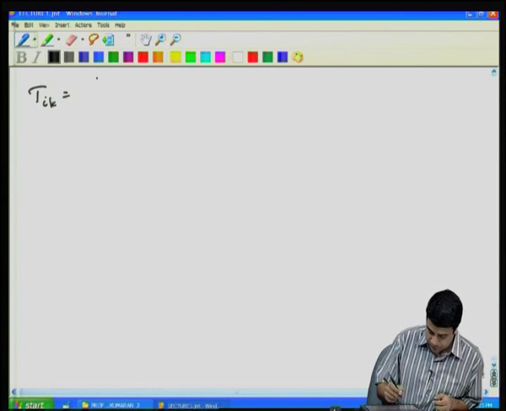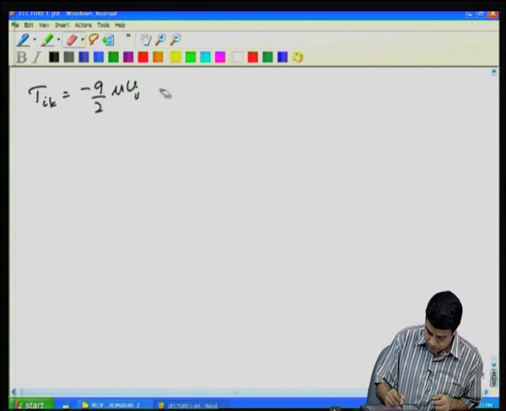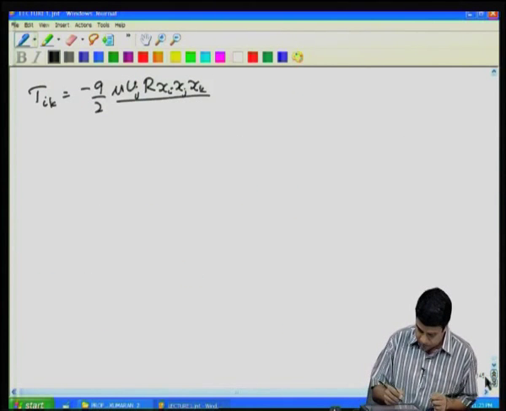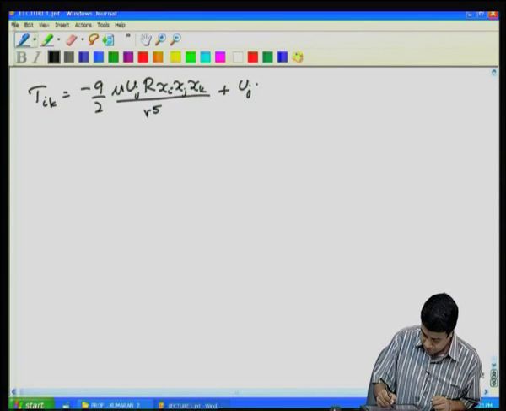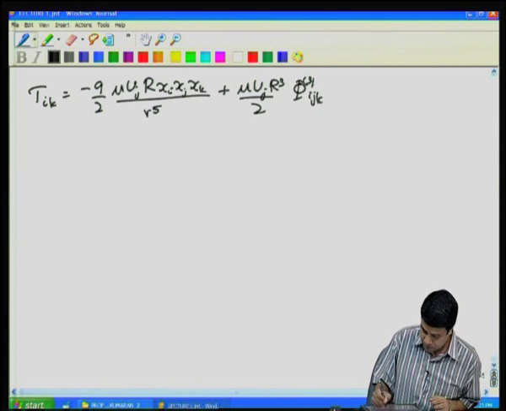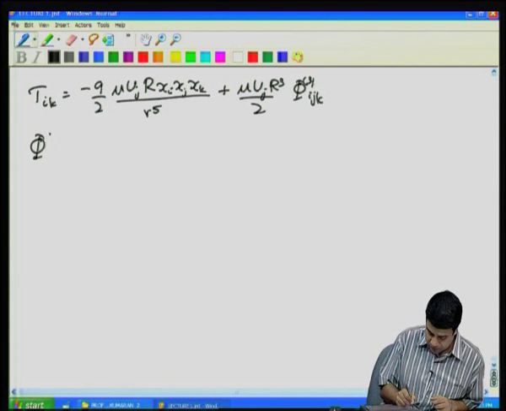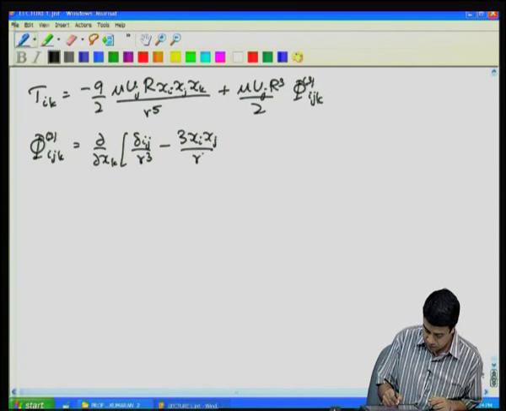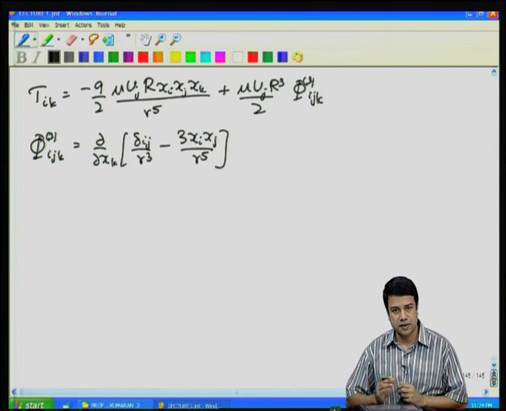T i k is equal to x k by r power 5 plus, and now we have to evaluate this term, phi 3 i j k is equal to partial by partial x k of, and you evaluate it exactly the same way that we have been doing earlier.